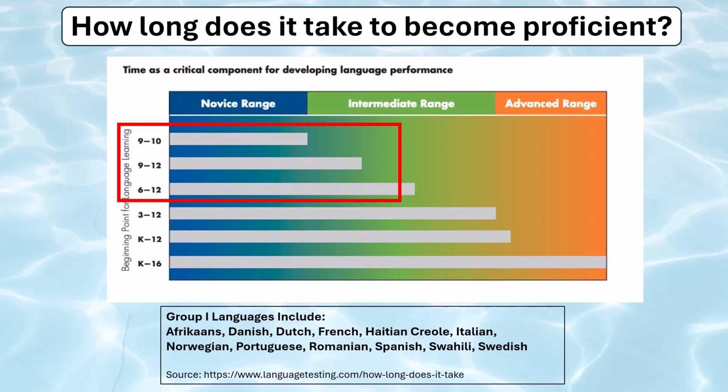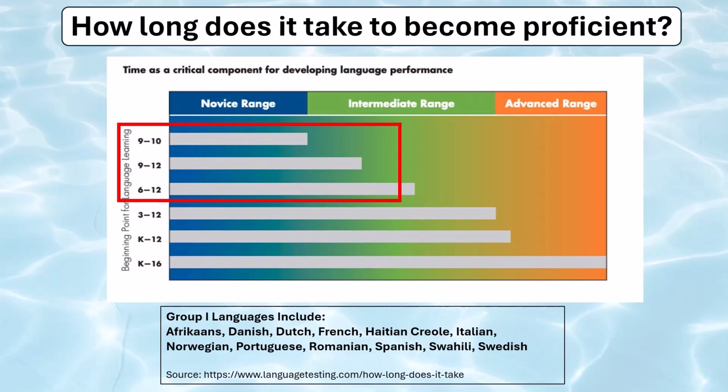Have you ever given much thought about the time frame for building proficiency? I think this is something that parents often want to know. How long will it take my student to become proficient in French, for example? So here we see the length of time it takes beginning learners to reach the various ranges of the novice, intermediate, and advanced levels.